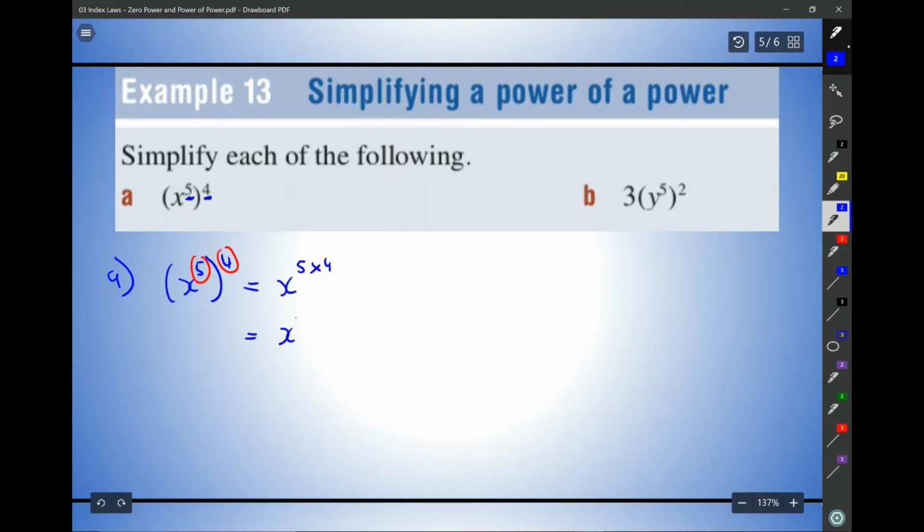So 5 times 4 equals 20. And then again over here, we've got y to the power of 5 squared, so we can simplify that to 5 times 2, or 3y to the power of 10.